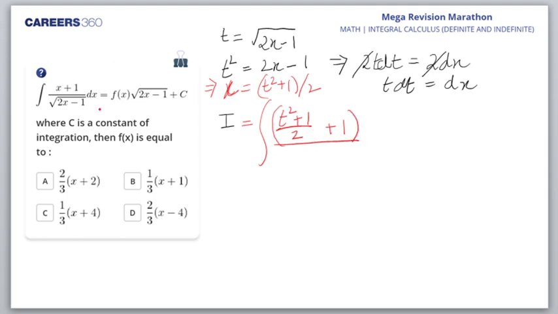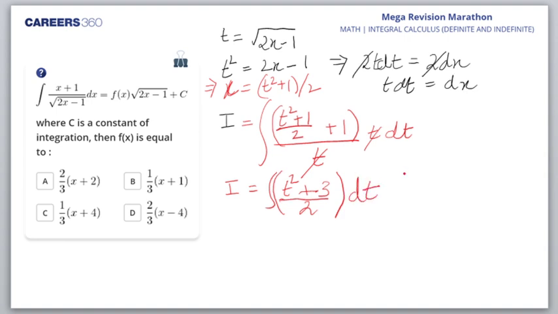And under root 2x minus 1, I'll keep it as t. dx I'll substitute as t dt. Am I right, students? Okay. t and t would be cancelled. So I'll write the integral as, 1 plus 2 is 3, so it becomes (t squared plus 3) by 2, and I have got dt here. Is it right?